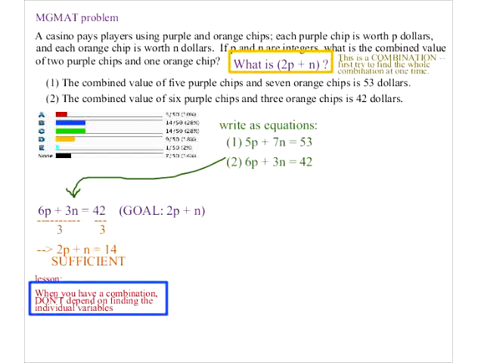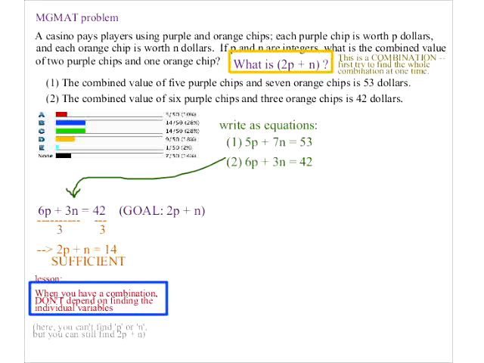Like, for instance, here you can't find p and you can't find n. But you can still find the combination that you want. You can still find 2p plus n. Okay, smiley face, if that statement makes sense, it's sufficient. Now we'll move on to the other one, which is where it gets a lot more interesting.